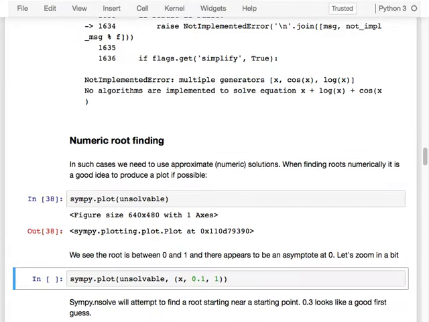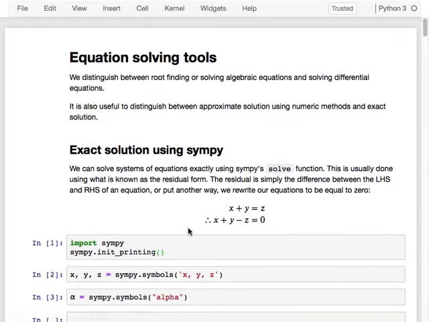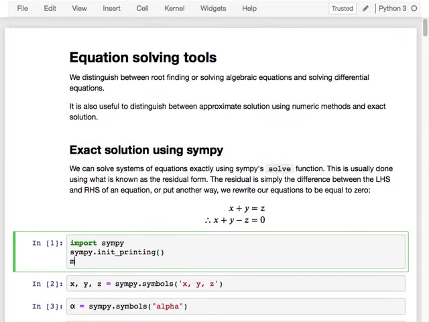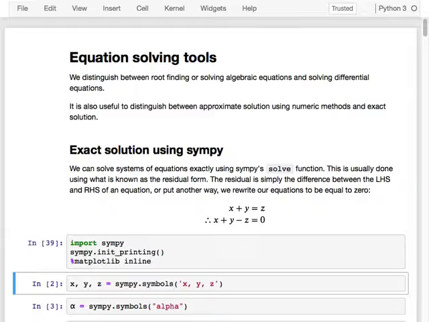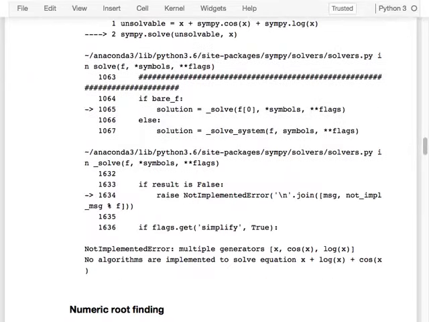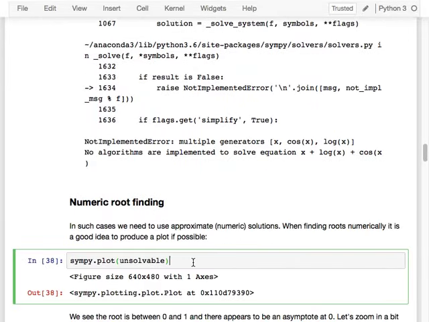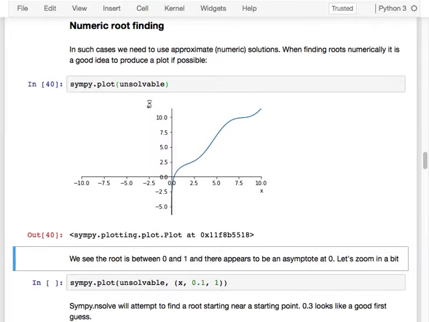Now, let me just get this, the way that numeric root finding works. You have a relatively good idea of how numeric root finding works if you've done the numeric methods course.